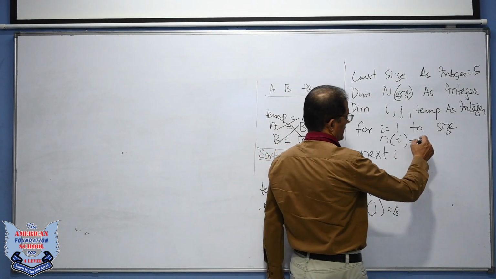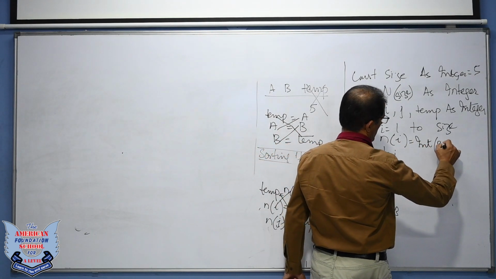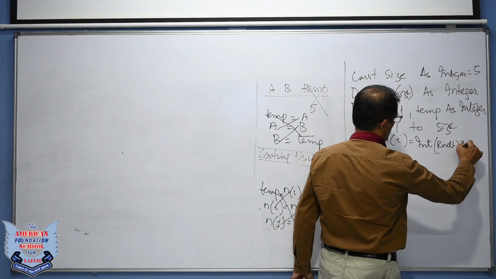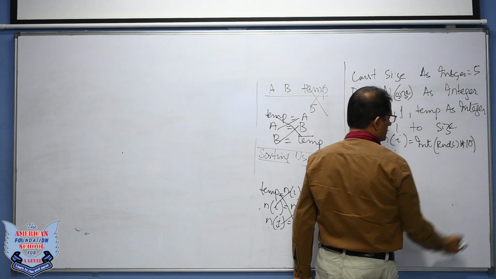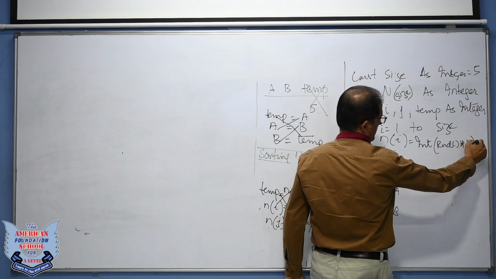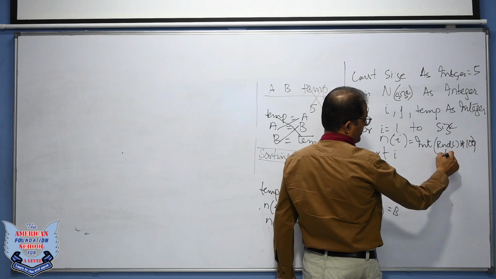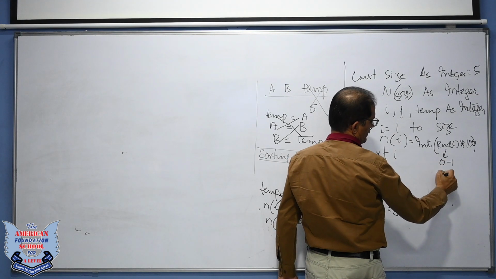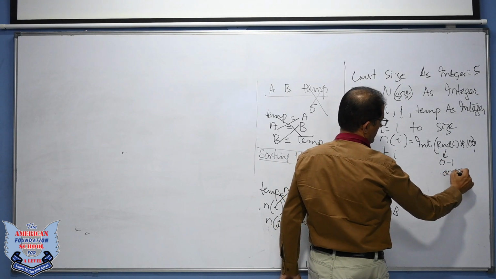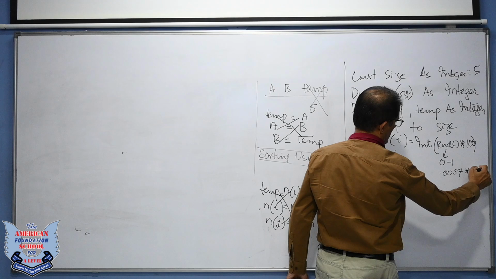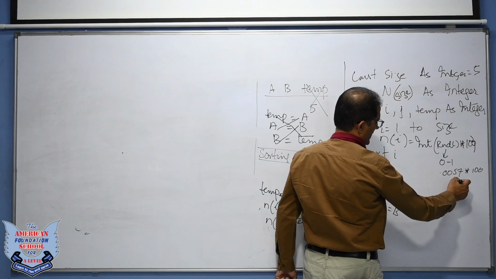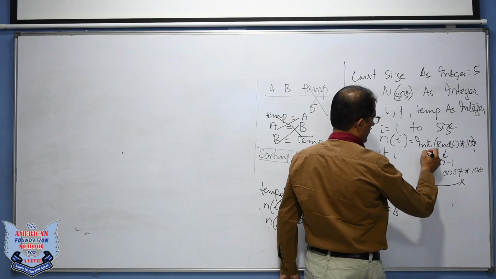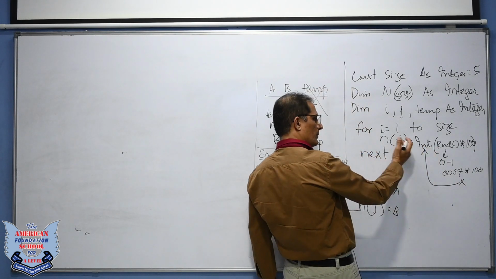So for that you can use int, and then rnd, multiply by 10, and bracket close. rnd generates a number in the range of 0 and 1, that might be 0.0057, and then we are multiplying it by 100. Whatever the answer is, suppose x, that answer will be converted into an integer and that will be placed into the array.